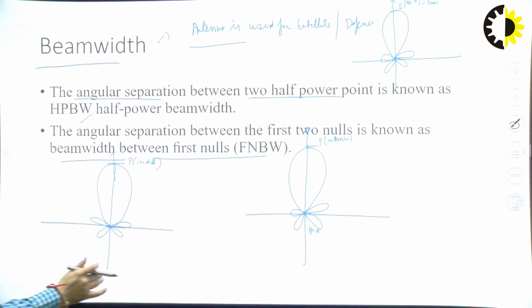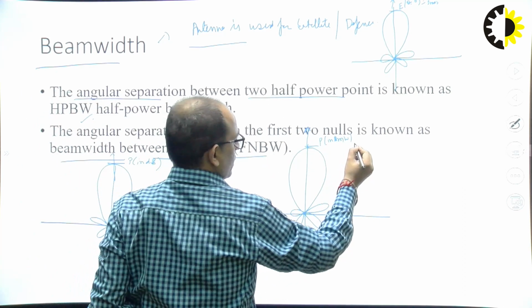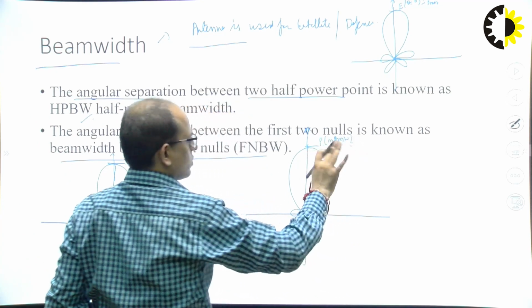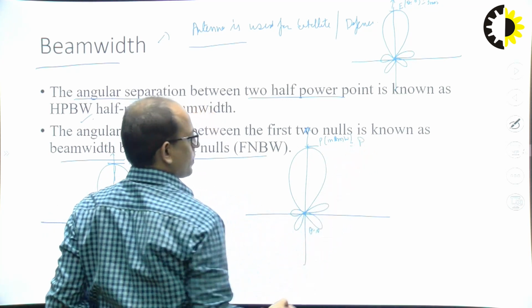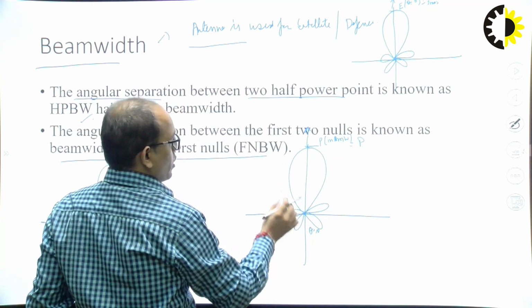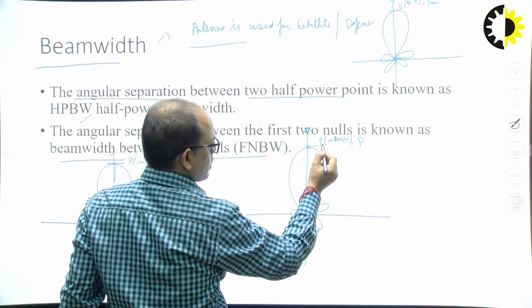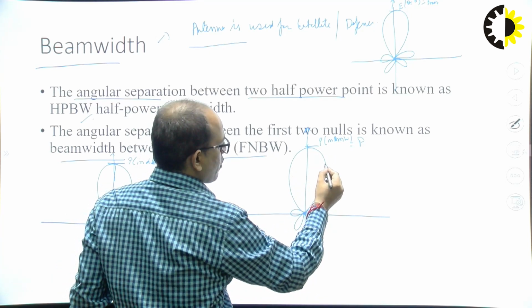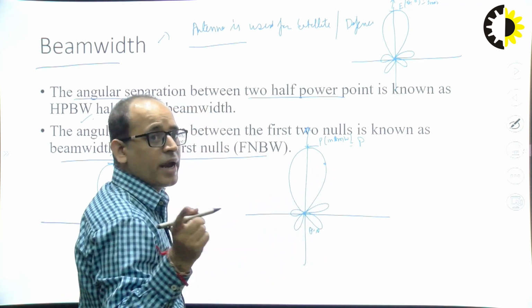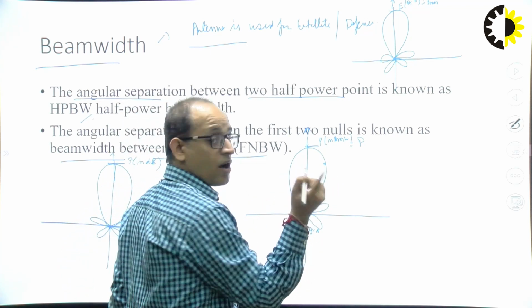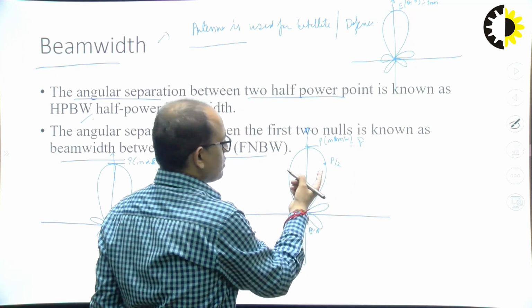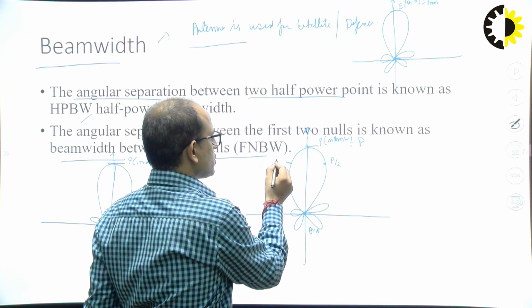It means what? Let's say this is the maximum, P maximum. So the angular separation between two half power points: there will be some direction at which the power is half of the maximum, that is P by 2, and there is some point in this direction also.